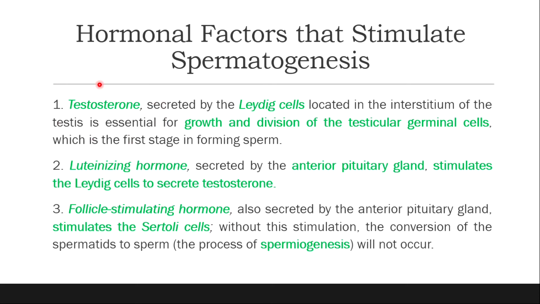Itong testosterone na pinaproduce nitong Leydig cell kasi, it is essential for the growth and division of testicular germinal cells. So, ibig sabihin, ito yung nag-i-stimulate ng spermatogenesis natin. Okay? So, mga other hormones also is the luteinizing hormone secreted by the anterior pituitary gland, which stimulates the Leydig cells to secrete testosterone. Okay?